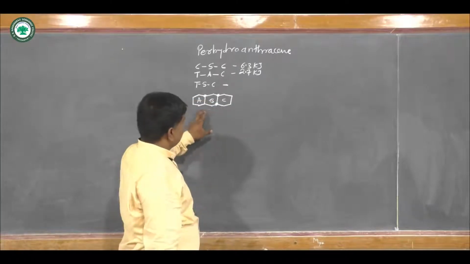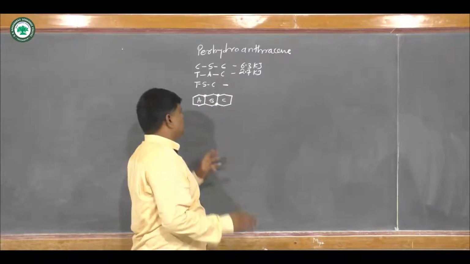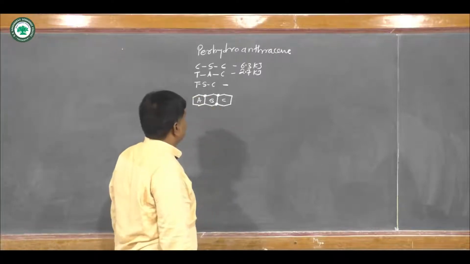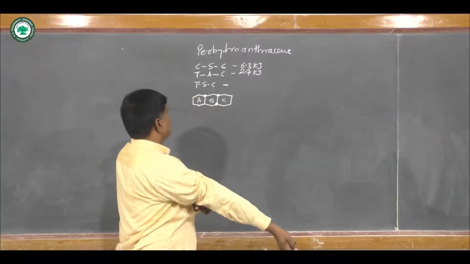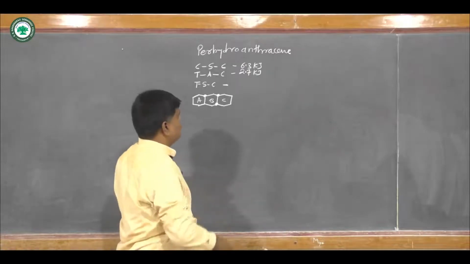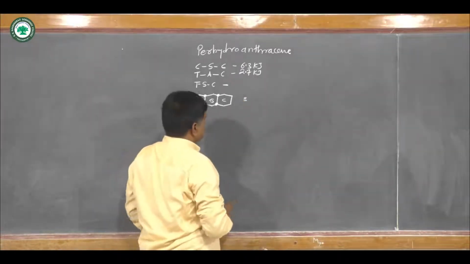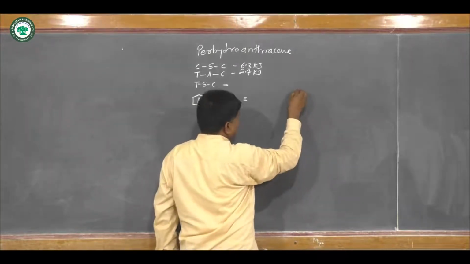So three dots and one hydrogen below the plane give this type of structure. Then we convert that structure into the chair conformations.